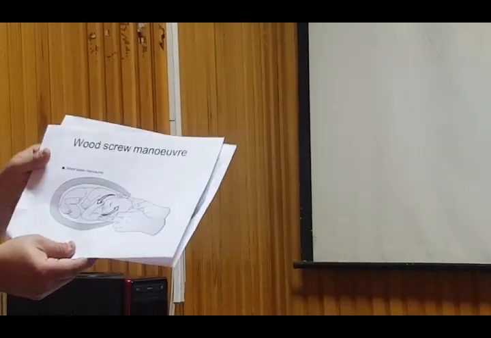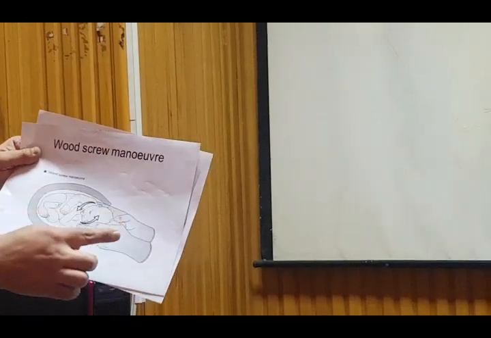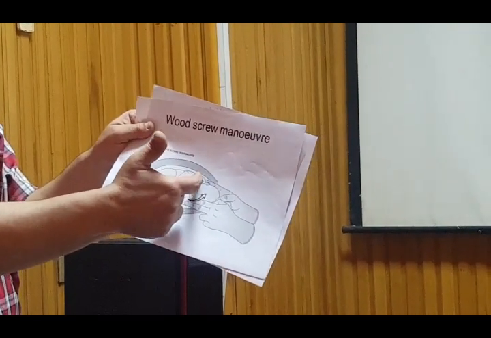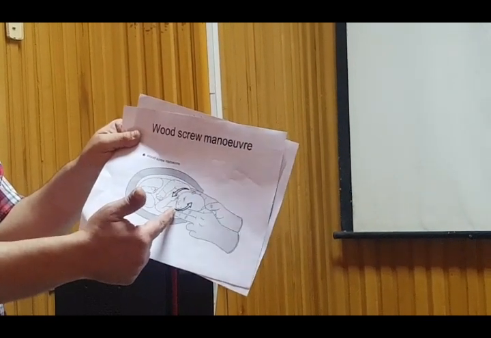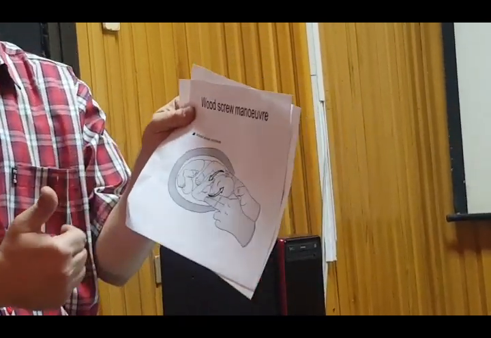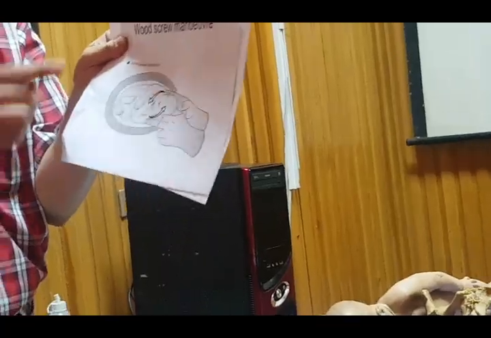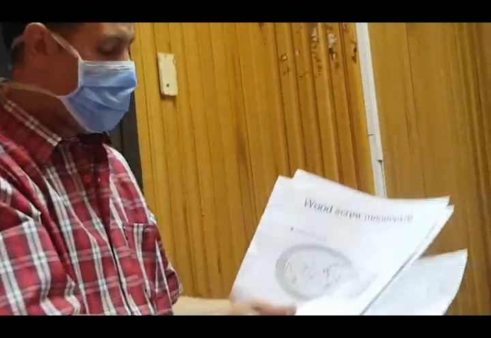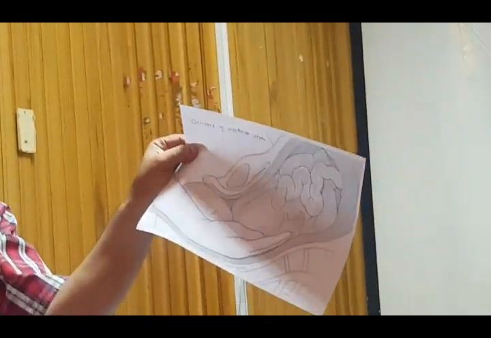This picture shows you the Woods corkscrew maneuver. As you see, two fingers at the back of the anterior shoulder, two fingers in front of the posterior shoulder, and then rotate towards the side of the chest, up to reaching 180. I told you about it. So, this is one step, then this is another step.